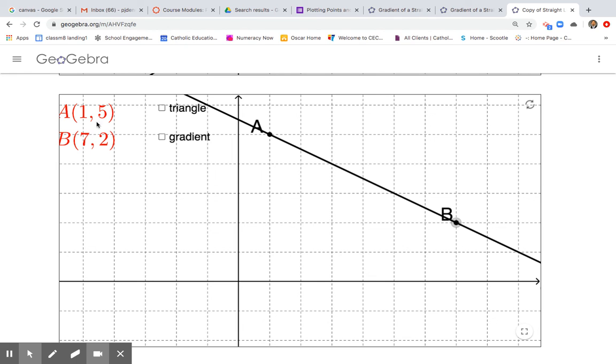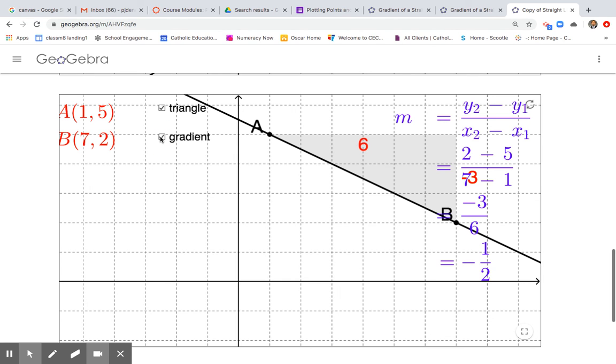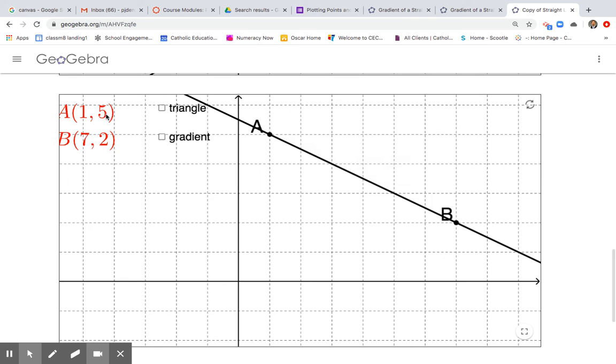So that's 3 over minus 6. If we look at the triangle, there it is, minus 3 over 6. What's that gradient? Minus a half. And again, before we even did that, I just went, the difference of the y's, 5 minus 2 is 3. 1 minus 7 is minus 6. So I know it's 3 over minus 6, which is minus a half.